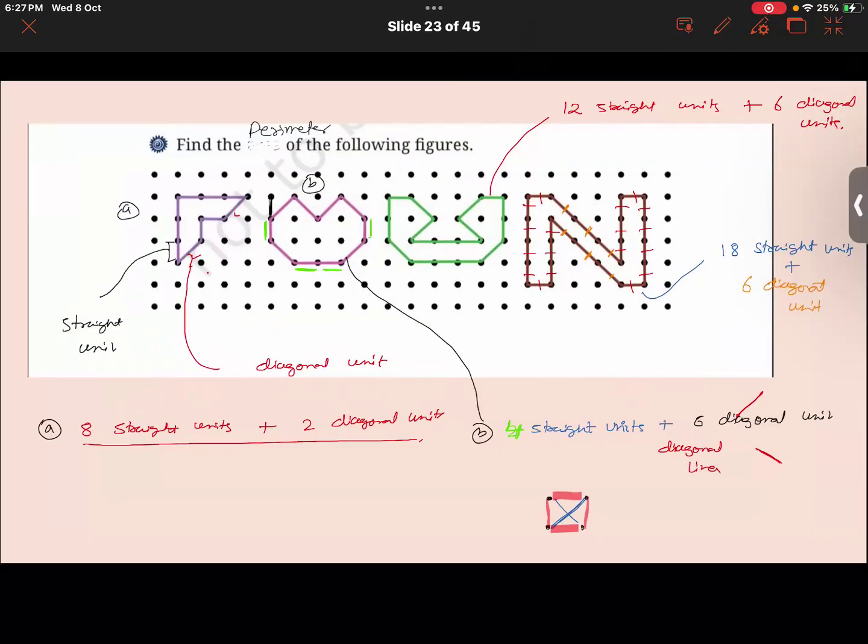Quite simple. Hope you have understood that.